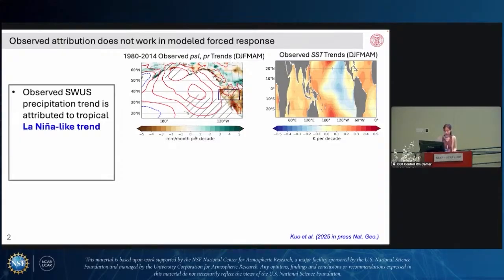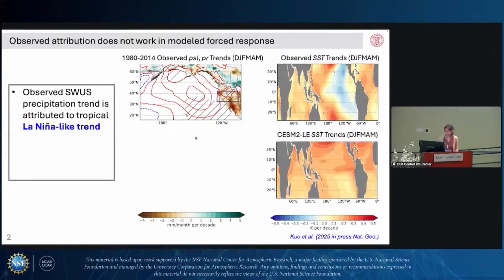And so we usually use the CESM2 large ensemble or other climate model large ensembles to look at the forced response for the same period. And it is probably not surprising to the audience that CESM and a lot of climate models indicate the historical forced SST is an El Nino-like trend pattern.